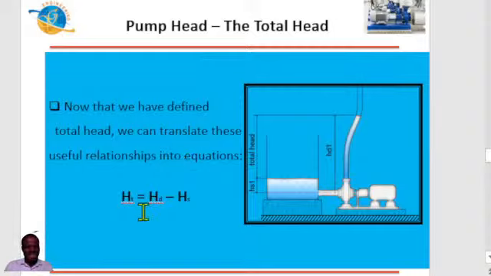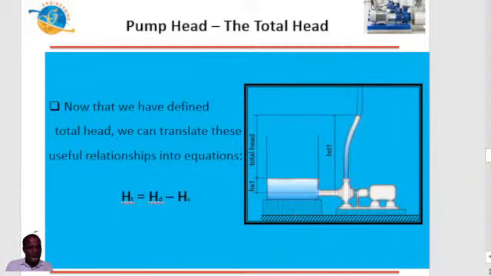So you can directly say that your total head is the height of the liquid at the discharge end of the pipe minus the suction tank level for a positive suction system. A positive suction system is that system where you have your suction tank just at or above the pump center line.